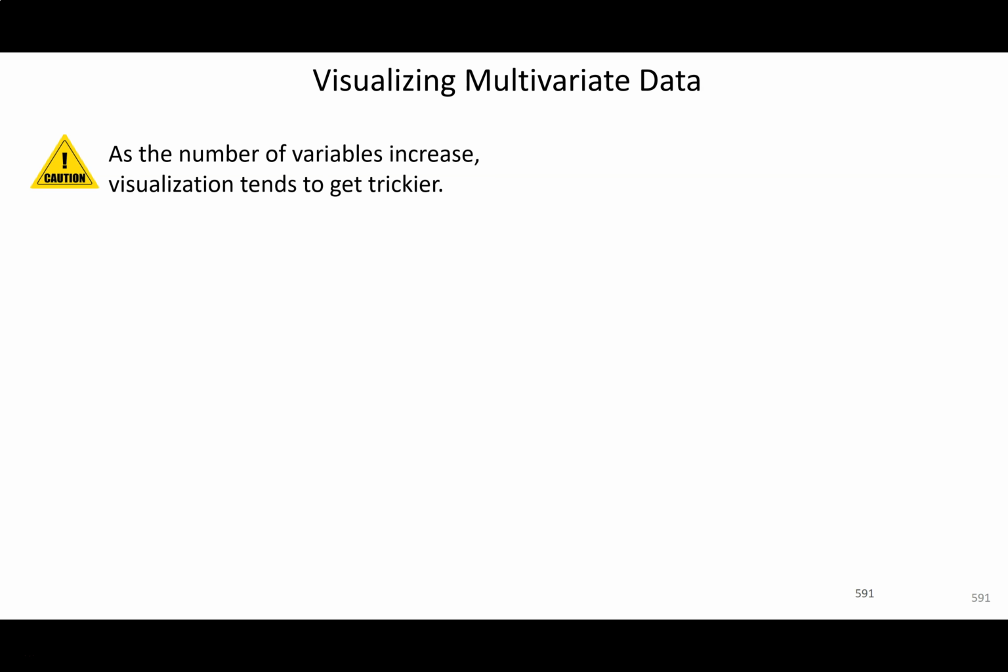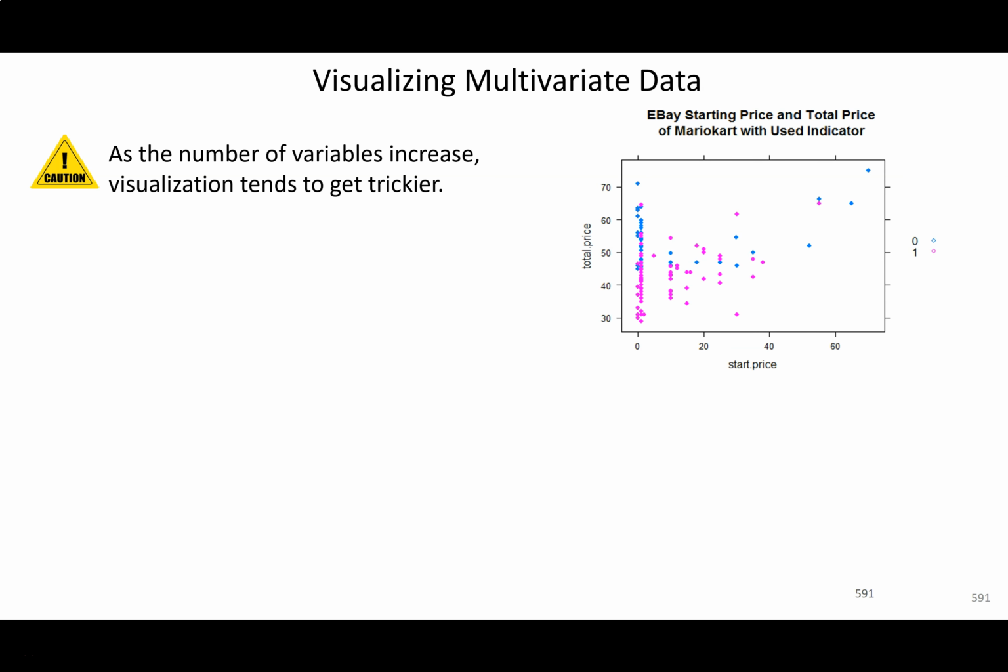So visualizing this can get complicated. We can use scatter plots, but sometimes it requires us to use scatter plots with either different colors or different shapes for the points or sizes. So it is absolutely trickier when there's more than just two variables to visualize. So for example here, we're looking at eBay starting price and total price of Mario Kart with an indicator.